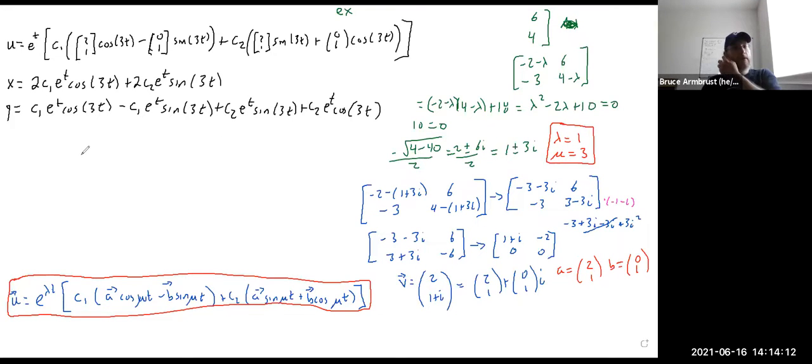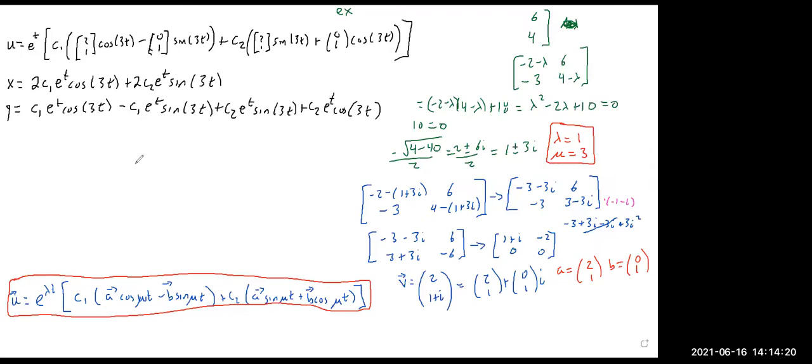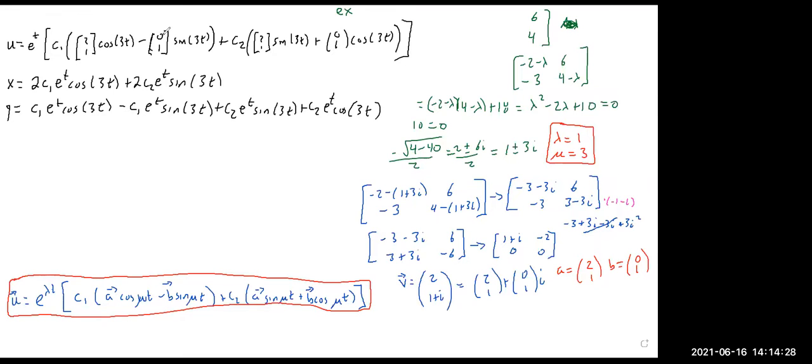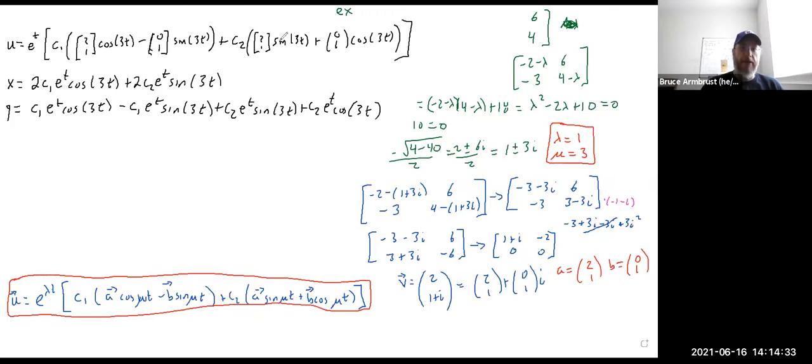And so those are solutions to that original system of differential equations. Why does x only have the first piece? Because of these zeros. The x gets all the top entries in the matrix.